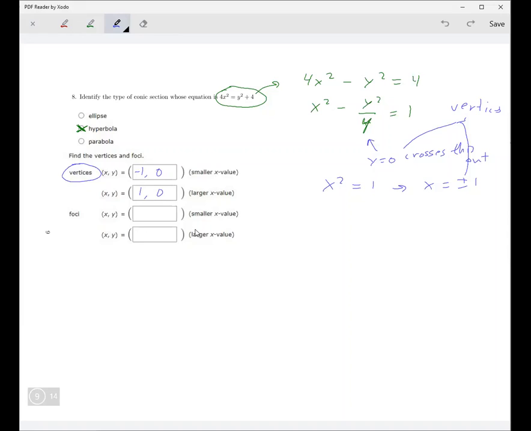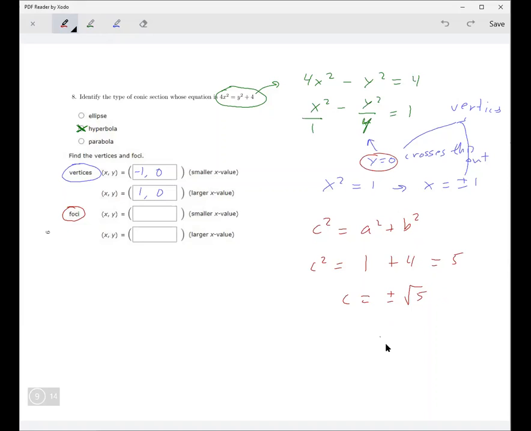And then again, for the foci, it's c squared equals a squared plus b squared. This is a 1 right here, so that's going to give you 1 plus 4, which is 5. So c is plus or minus the square root of 5.